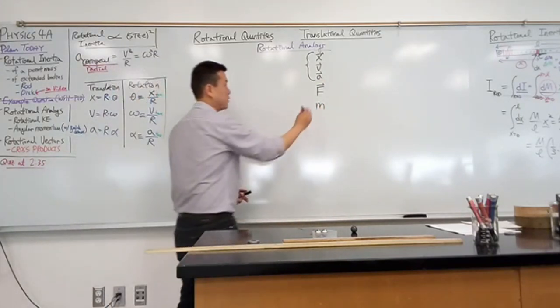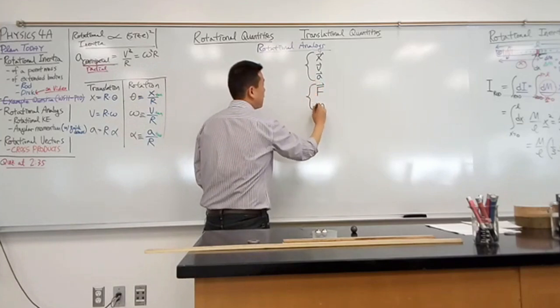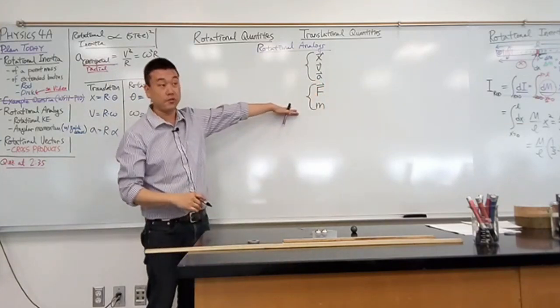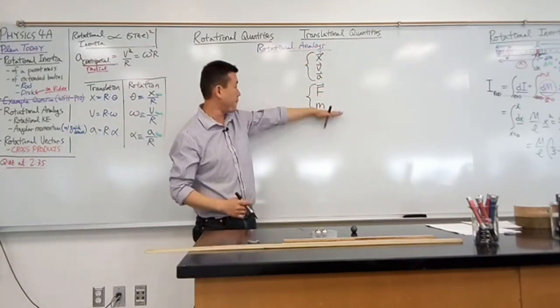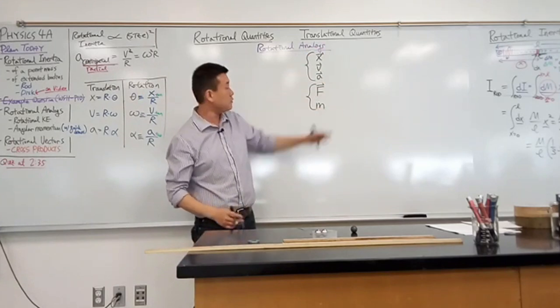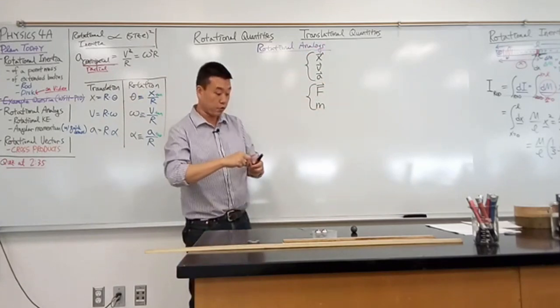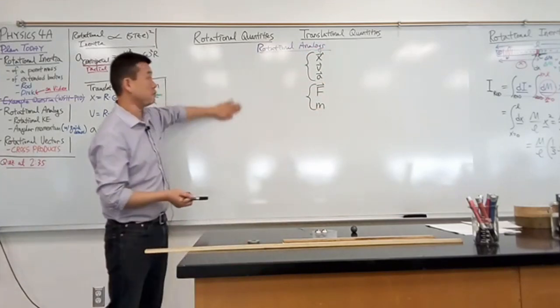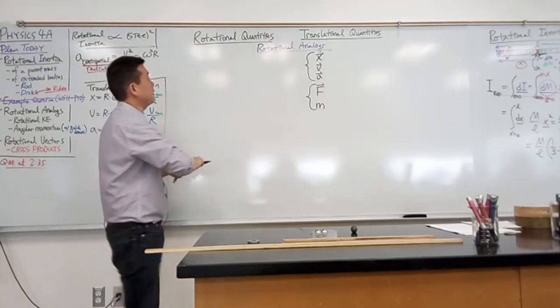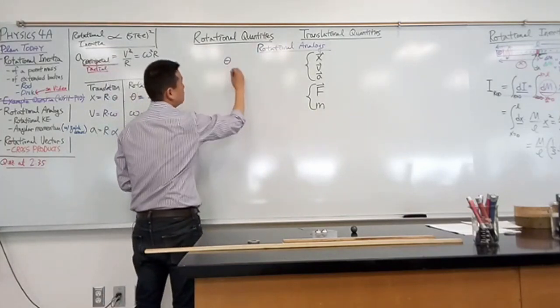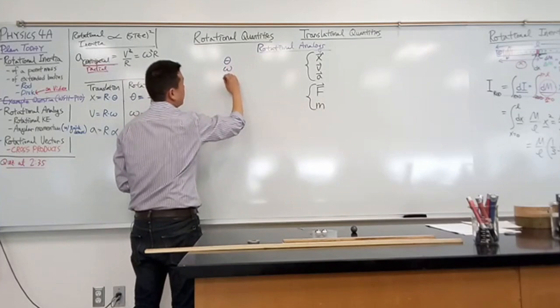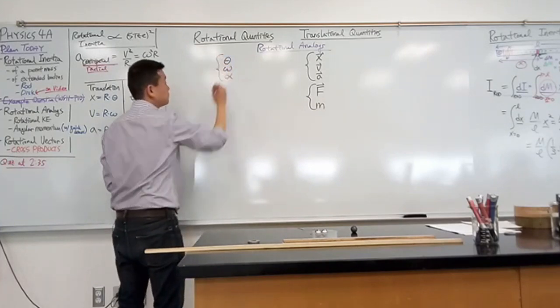All these quantities sound familiar? So I'm grouping them by when we introduce them. So this covers all the basic quantities. And they directly correspond one-to-one to the rotational quantities. So there's the angular position, angular velocity, and angular acceleration, right?